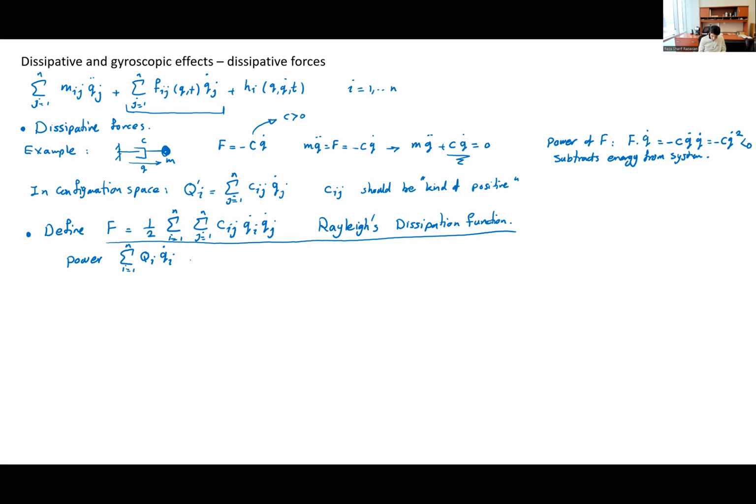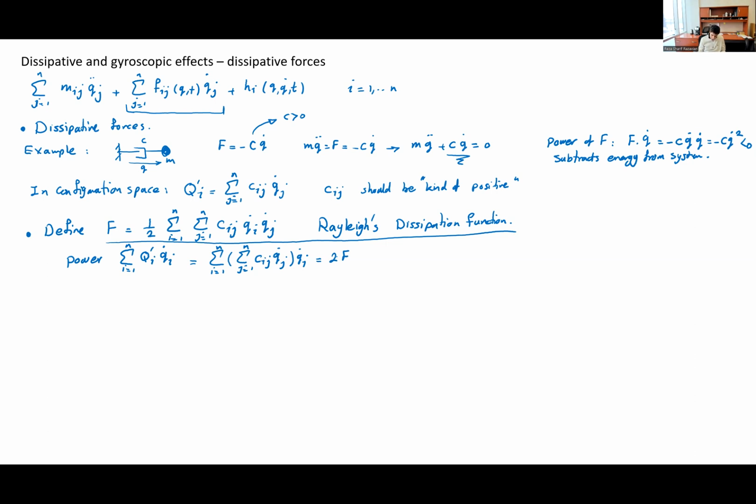If I put in the definition, I have i from 1 to n, j from 1 to n, of C_ij q dot j q dot i, which is twice the Rayleigh function.